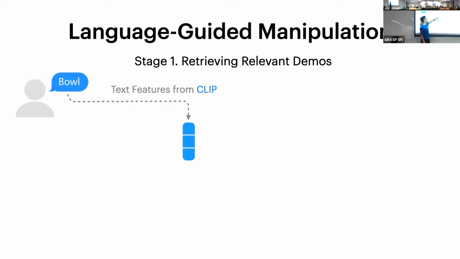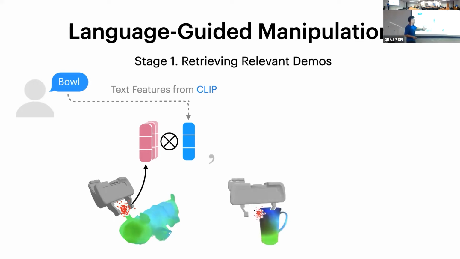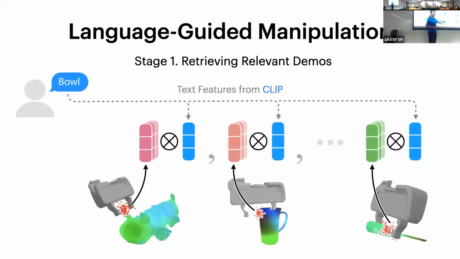Now using this text feature, I can look through the small set of demonstrations I collected earlier. Here's a demonstration over the caterpillar toy, here's a demonstration over a very large drinking vessel that's about the same size as this camera, and here's a demonstration over a yellow screwdriver.